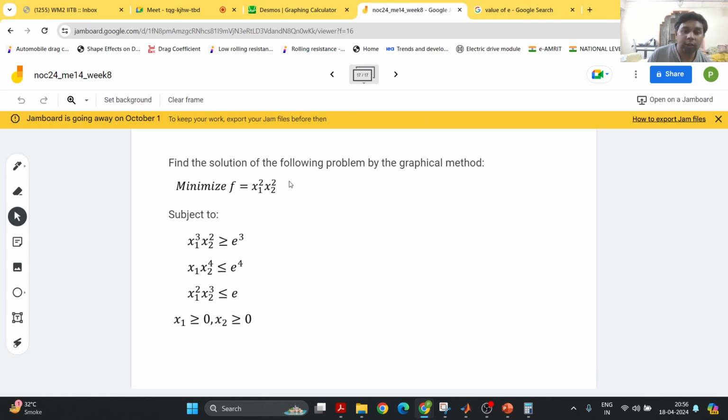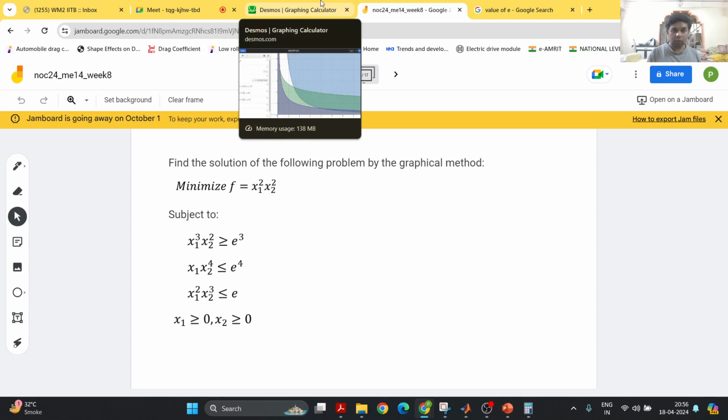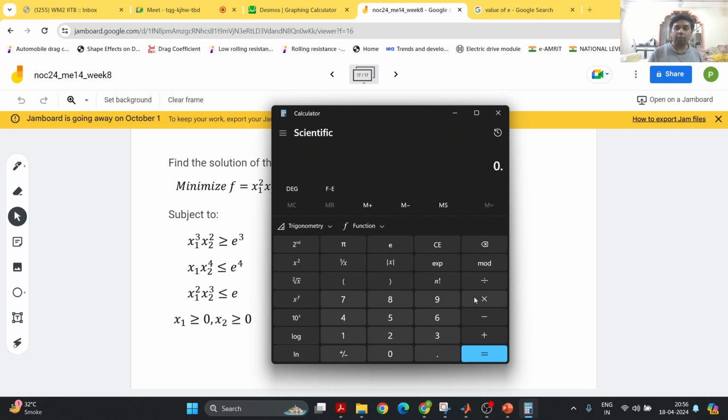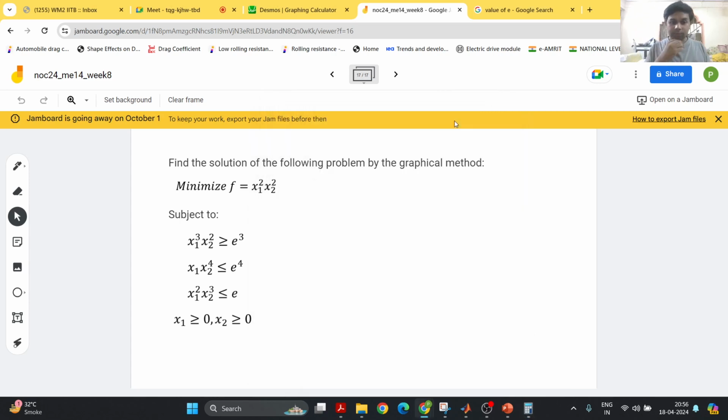So it will be basically 4 square into 0.55 square. So 4.84 will be the objective function value.